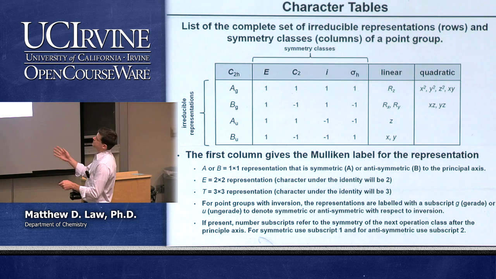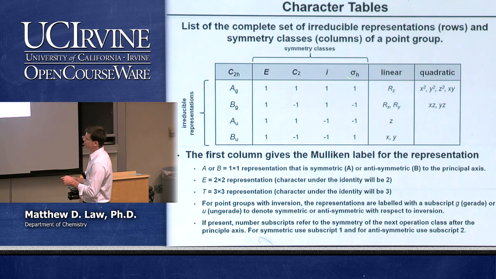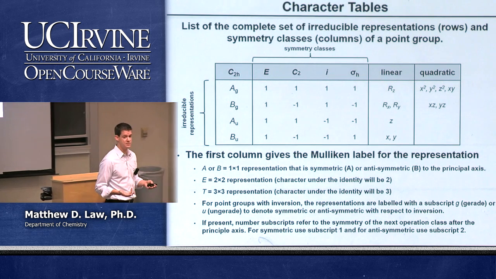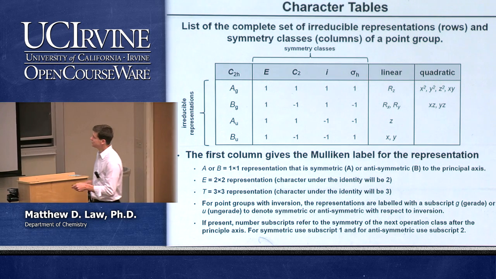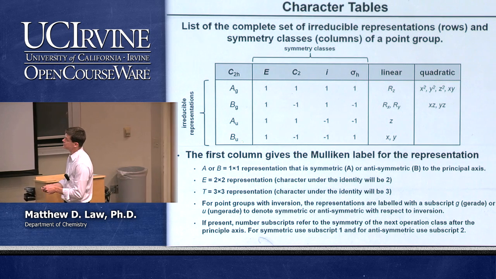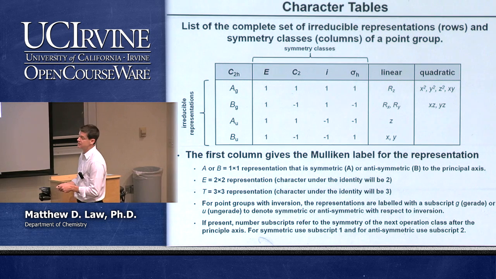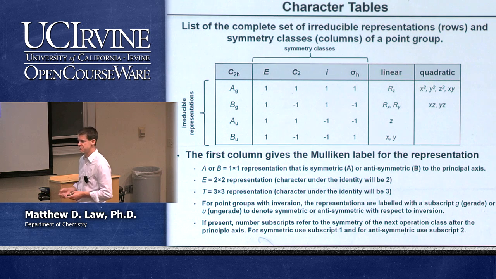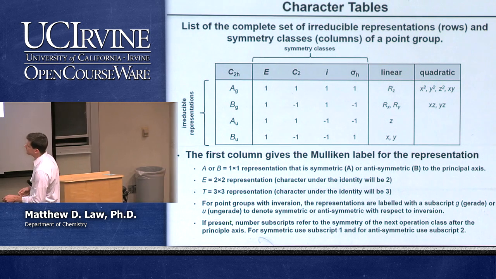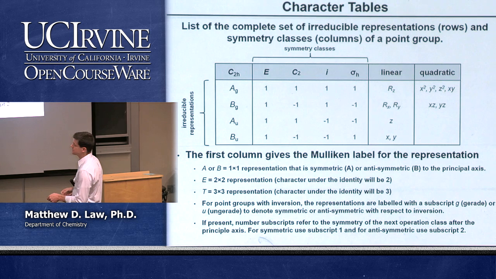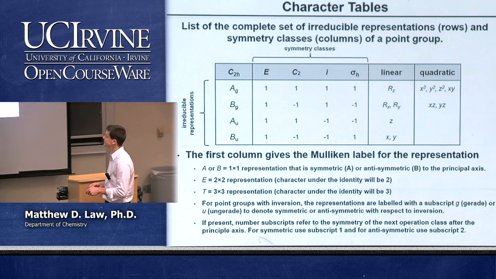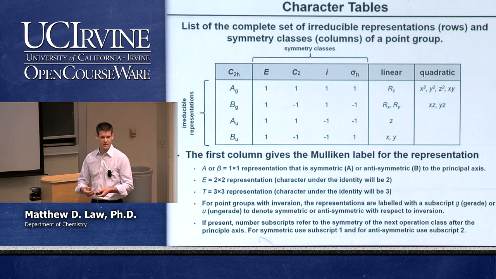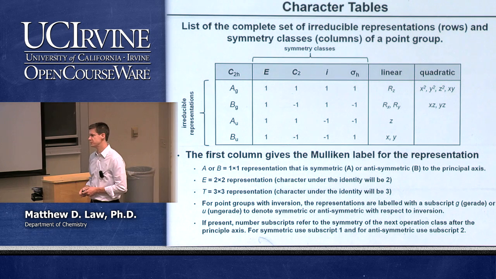Then, of course, there are character tables with more than just 4 rows and 4 columns. There are much more complicated point groups with a lot more symmetry classes. In those cases, you'll see additional labels on these Mulliken symbols, maybe a 1 or a 2 or a prime or double prime. If they are present, these additional subscripts or superscripts typically indicate the symmetry with respect to the next operation after the principal axis and after inversion if it's present.